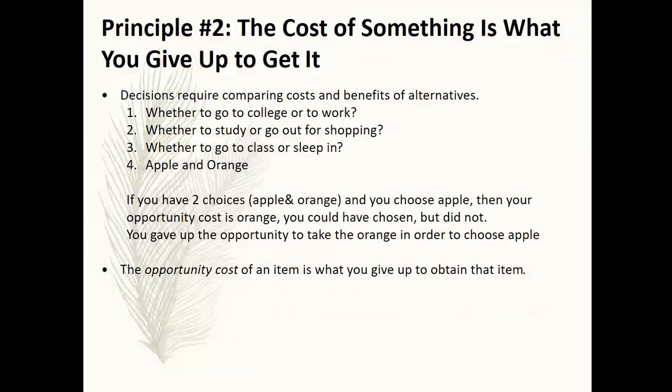Next comes principle number 2, that is the cost of something is what you give up to get it. Here comes the concept of opportunity cost. And I will explain opportunity cost later after reading this slide.